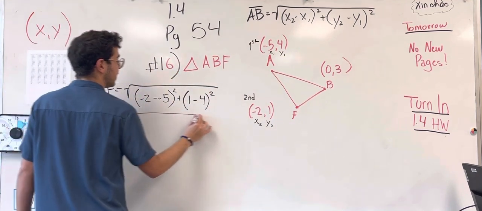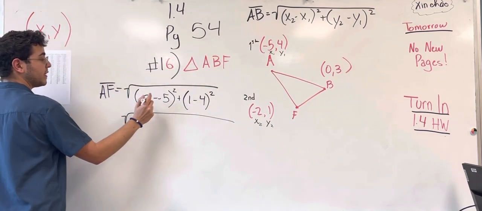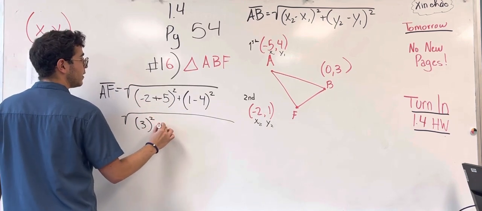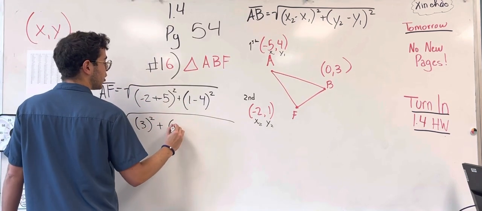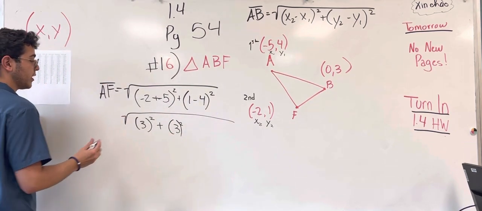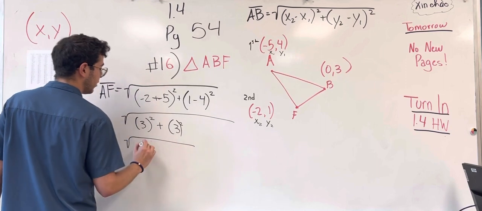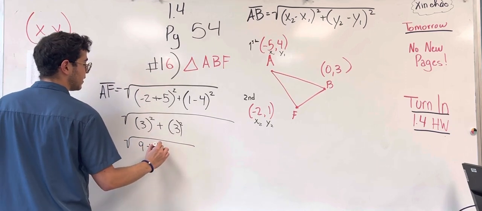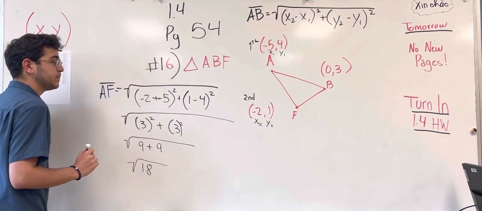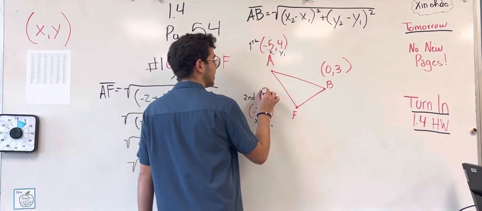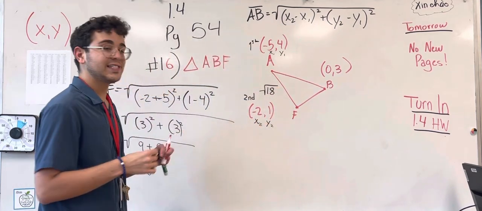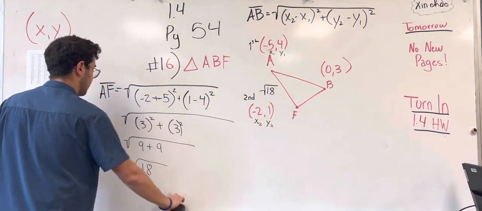Go ahead and simplify. -2 plus 5 is 3 squared, plus 1 minus 4 is 3 squared. That is 9 plus 9. The answer is the square root of 18. So again, the distance is the square root of 18.